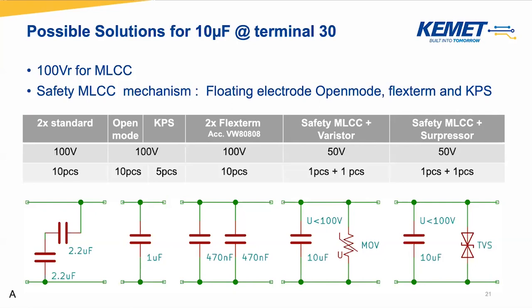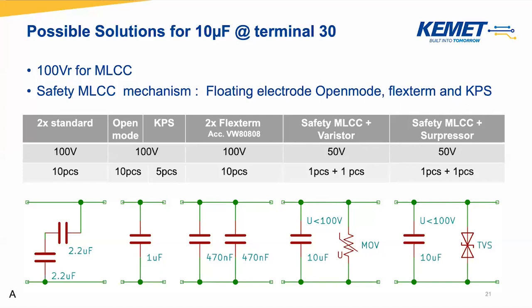If you anyhow have some voltage clamping component in the circuit, which could be a resistor or a TVS diode, then you're allowed to lower the rated voltage. I had a call with Volkswagen last week asking whether I can use 25 or 16 volt. No, you actually go with 50 volts.